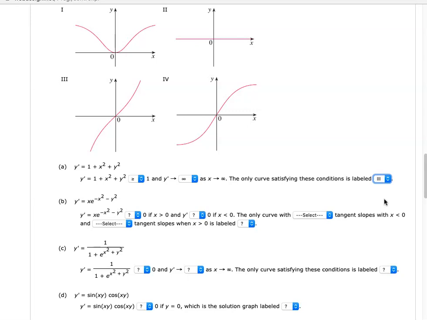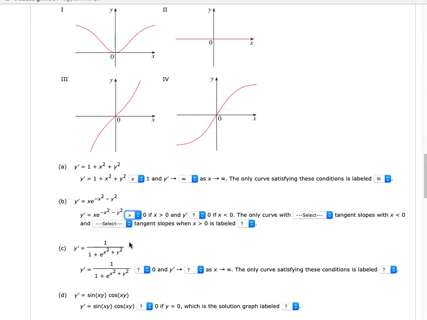Quick question. E to any power in the whole world is always what? Positive, right? So, y prime equals x times this e is always what if x is bigger than 0? Always greater than 0. Not greater than or equal to, because x is positive. Then this has to be positive.